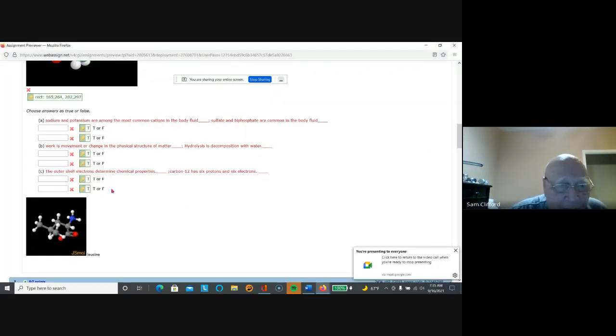Okay, so proteins are polymers of amino acids. The placement of amino acids in the protein chain is based upon genetic information in the nucleus, and that information is transcribed onto messenger RNA.